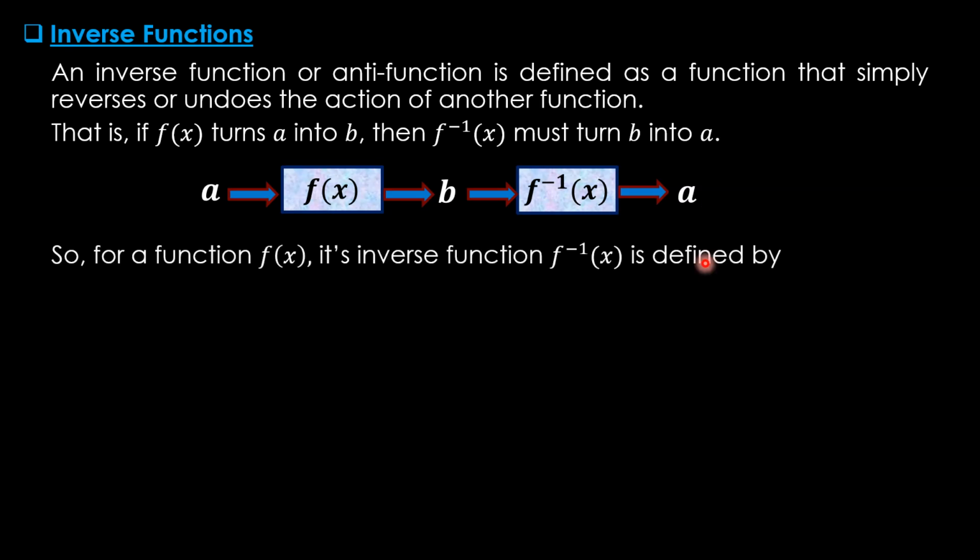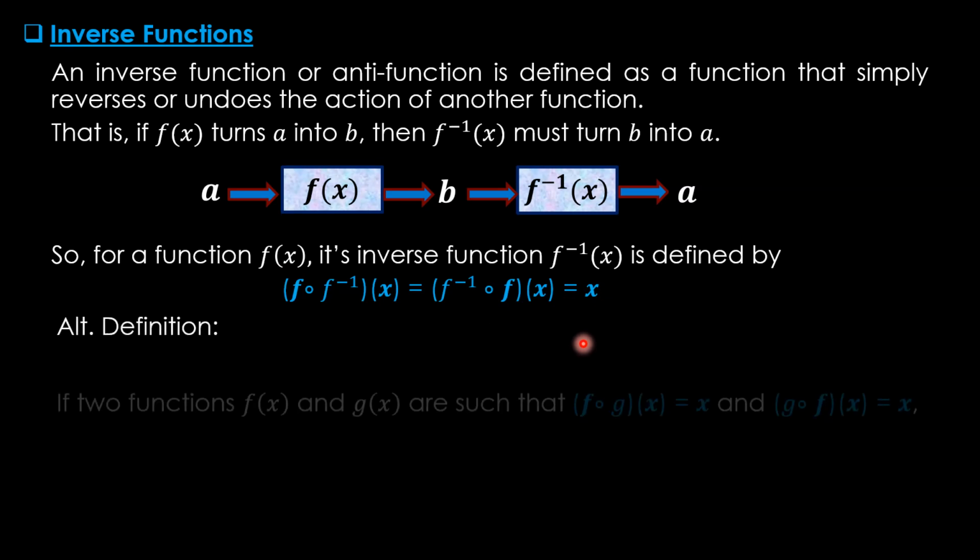So for a function f(x), its inverse function f inverse x is defined by f composite f inverse x equal to f inverse composite f(x) equal to x. So both of these results give us x. f composite f inverse x gives us x. Similarly, f inverse composite f gives us x as well.